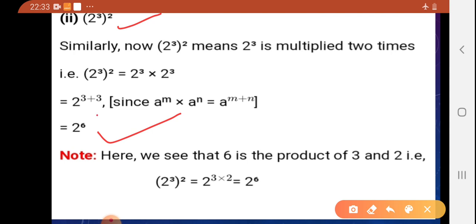First, it is written 2 to the power 3 two times, 2 to the power 3 into 2 to the power 3. It means 2 to the power 3 is written 2 times. So we can say that the same base and powers can be added. But by the direct rule we can apply power of a power.